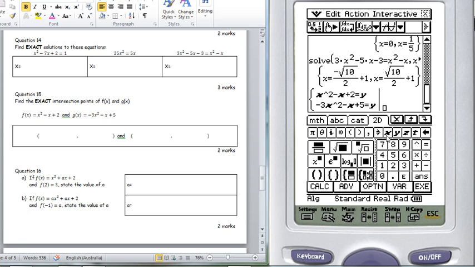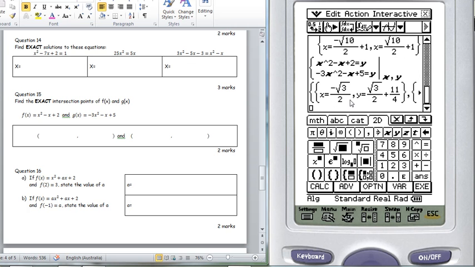And I'm going to solve that for x comma y, and I get these solutions, x equals minus root 3 on 2 and y equals 11 on 4 plus root 3 on 2, and I'd put those there.